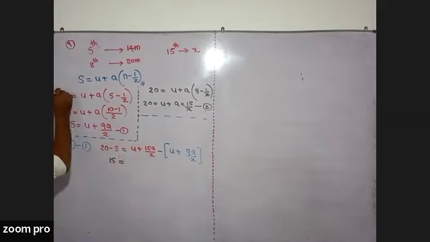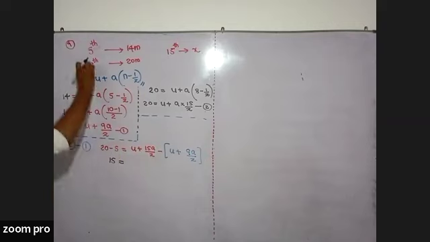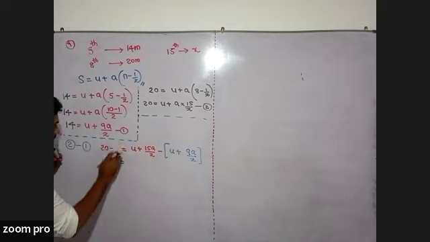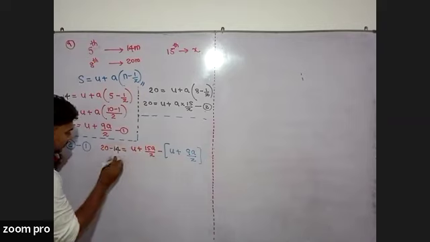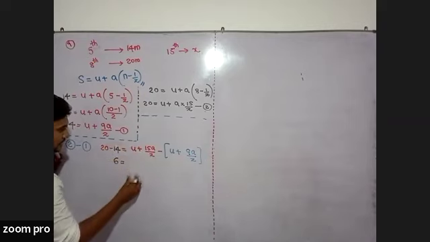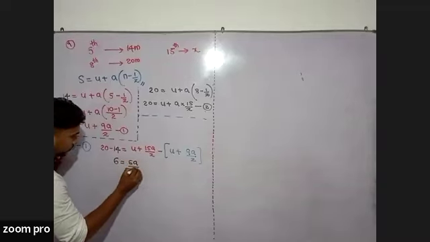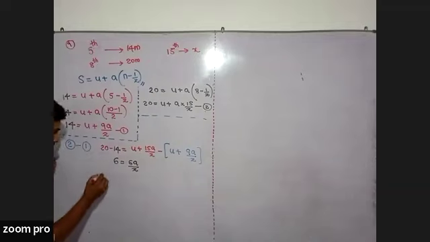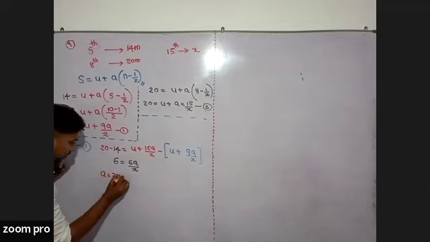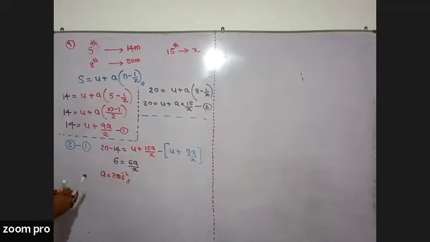This should be substituted as 14, not 5, right? Because x represents the displacement, so it should be 14, not 5. So 6 equals, u is cancelled, 15a over 2 minus 9a over 2 means 6a over 2, hence a equals 2 ms minus 2.